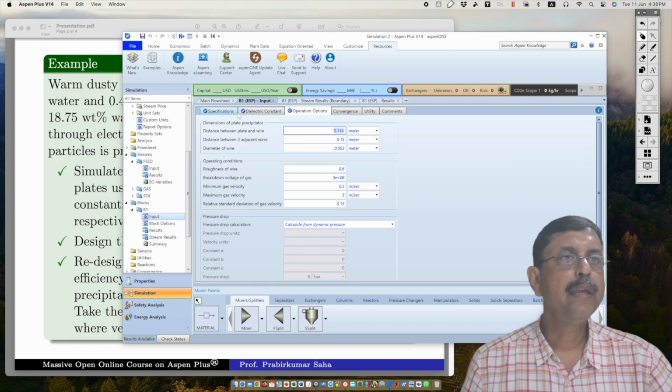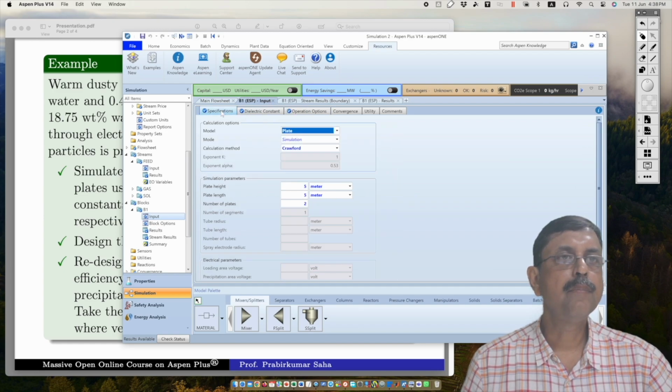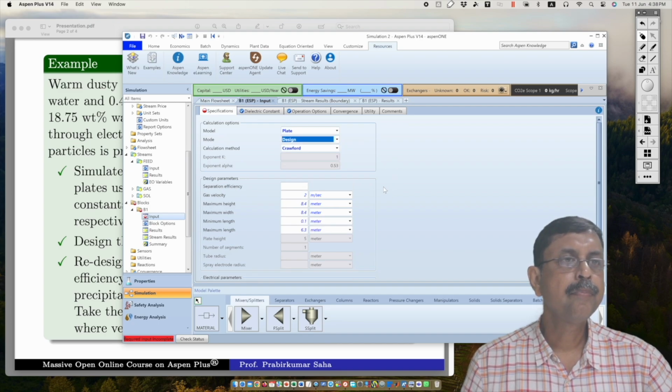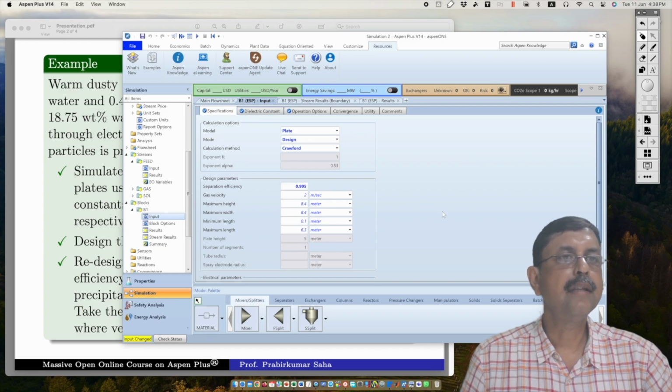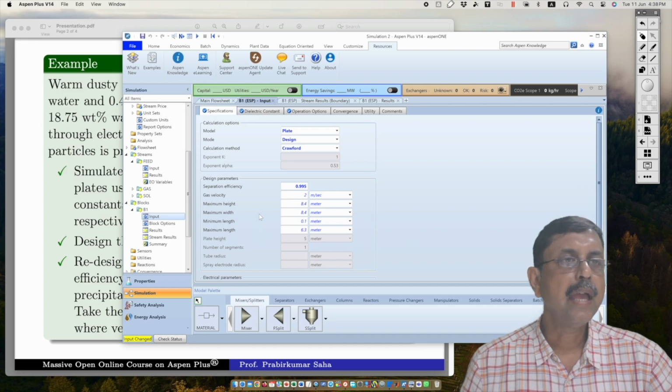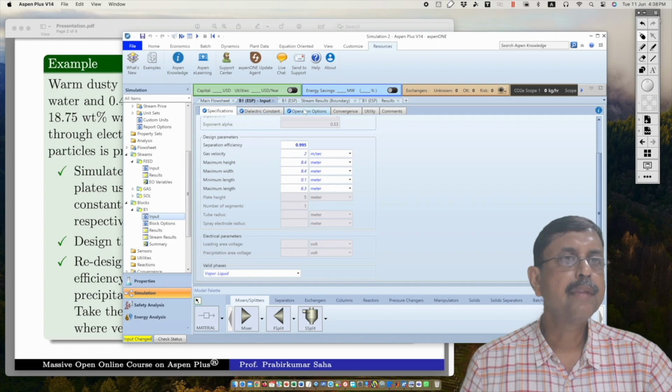So we have to change the input specification. For that, we have to make design. Separation efficiency has to be 0.995, that is 99.5, and all other parameters we keep the same.